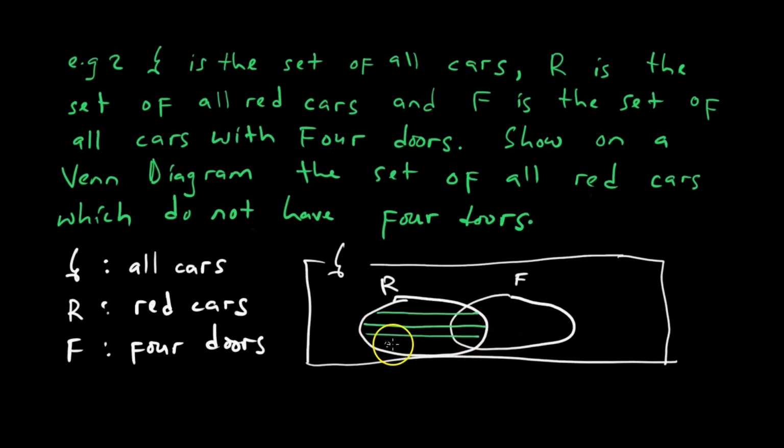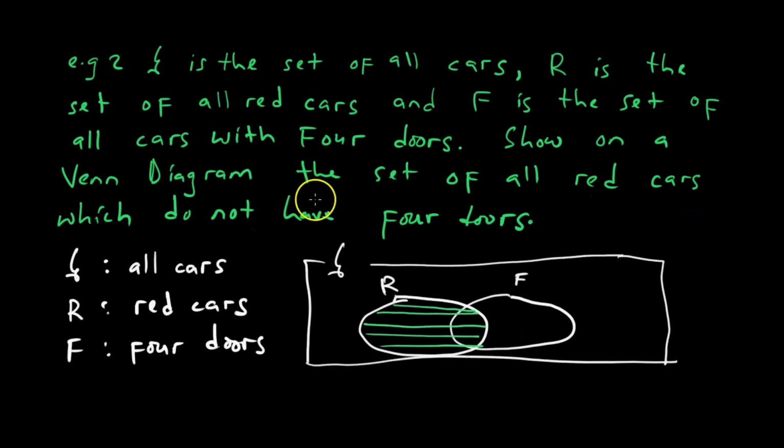All red cars, like this. Then we have shaded the set of all red cars. What we have to shade next is, as the question says, the set of all red cars which do not have 4 doors. So let us now shade the region of everything without 4 doors.